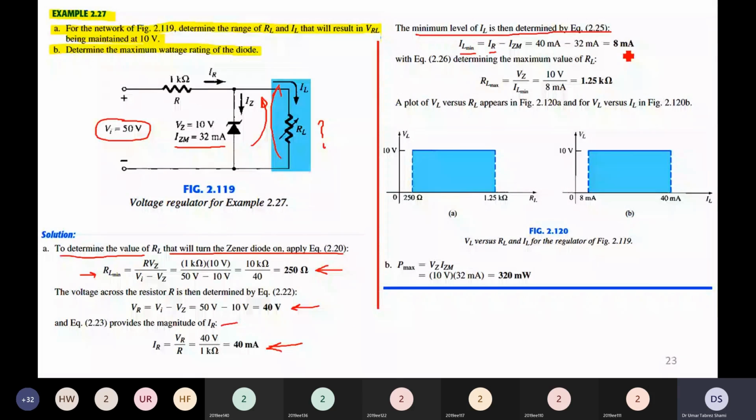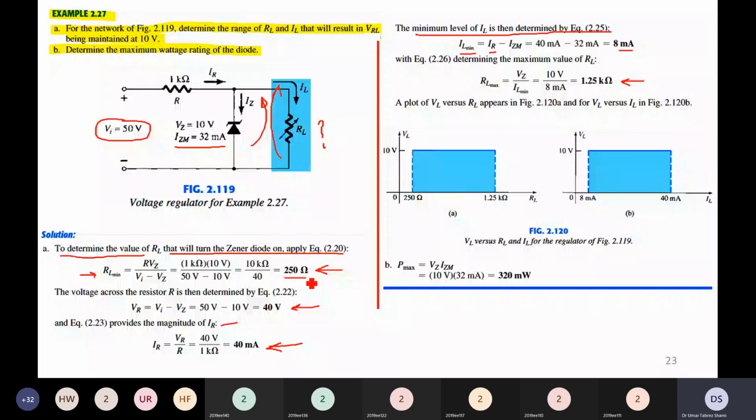This 8 milliampere is the least load current. The least load current will be provided by the maximum load resistance. Therefore, RL maximum is equal to 10 volt divided by 8 milliampere, which is equal to 1.25 kilo ohm, and 250 ohm is our minimum load resistance we can apply.